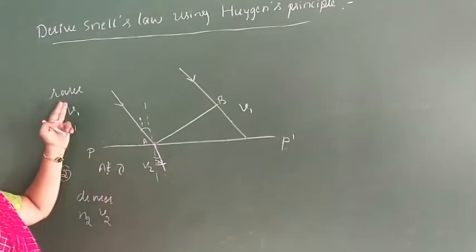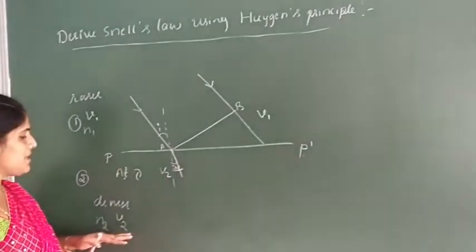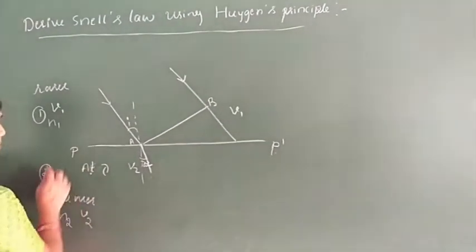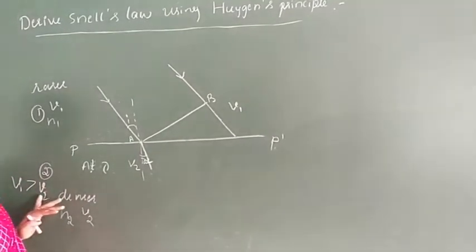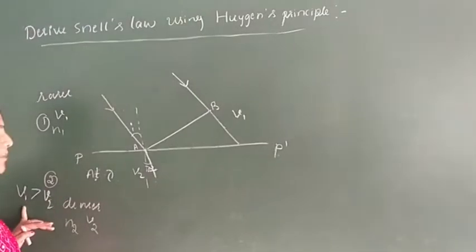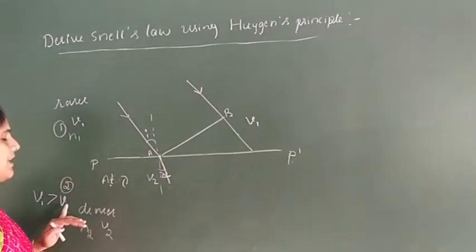We know that when a ray of light travels from the rarer to the denser medium, its velocity decreases. So here v1 is greater than v2. The velocity of light in the rarer medium is greater than the velocity of light in the denser medium.